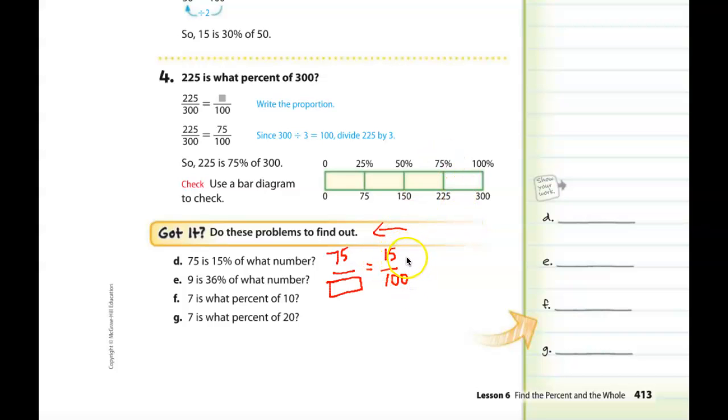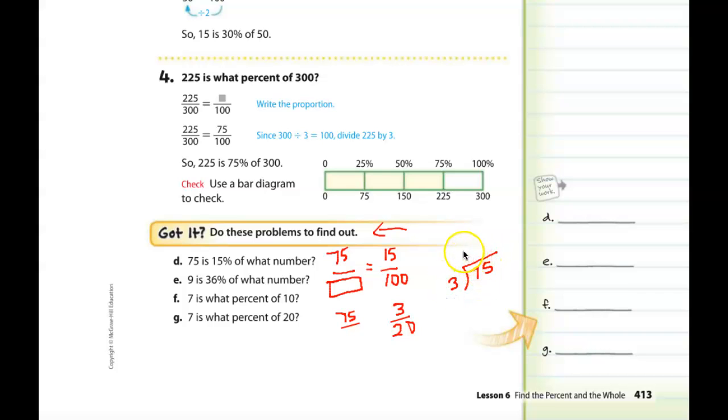If I divide the top and the bottom number by 5, what am I going to get? 15 divided by 5 is 3, and 100 divided by 5 is 20. Okay, then we have 75. That might be a little bit easier for us to deal with. So if I say 75 divided by 3, go ahead and solve that for me, please.